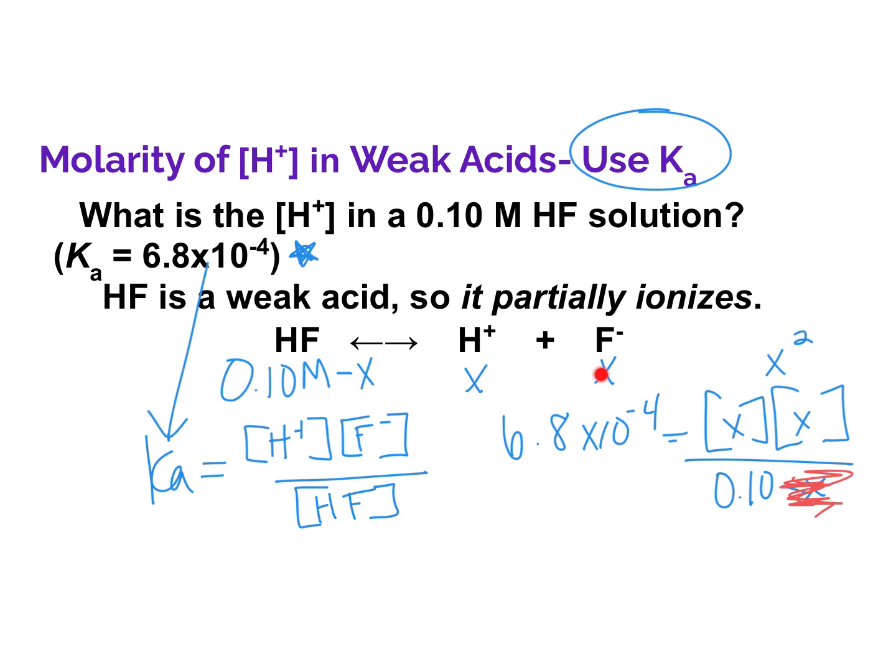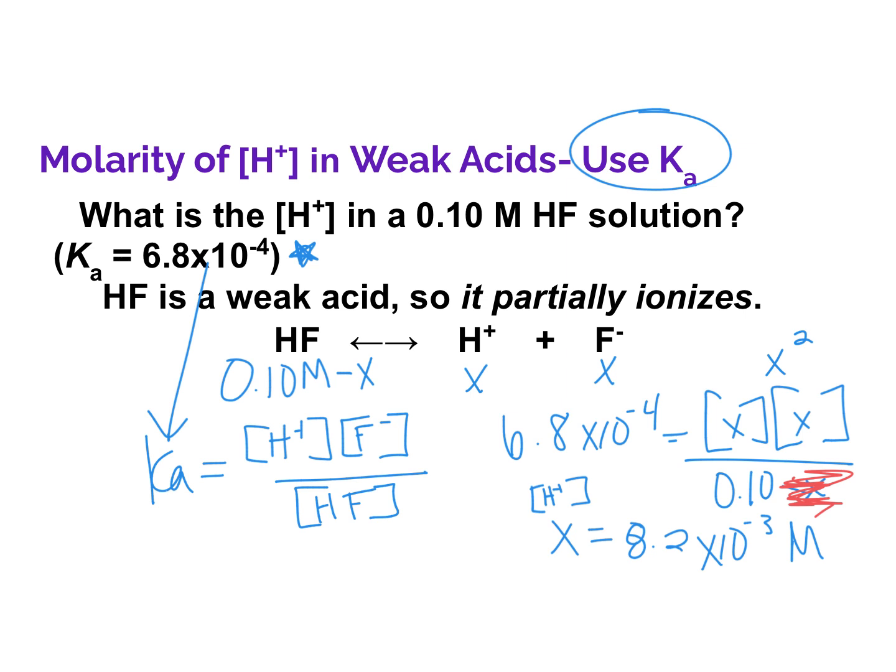We take 6.8 times 10 to the negative 4th, multiply it by the 0.10, and then square root it or bring it to the 1/2 power. When we do that, we get our X to equal 8.2 times 10 to the negative 3rd. Remember, this is a concentration, so we can put molarity there. This is our H plus concentration.